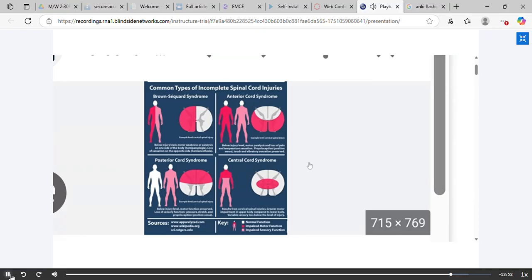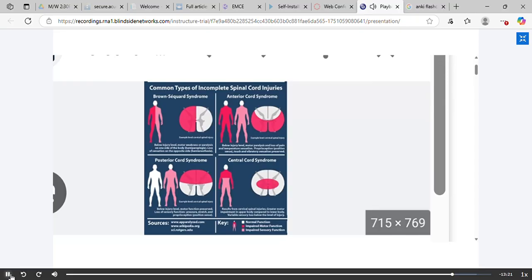So these are different incomplete injuries, where the cord is not severed all the way through. Just be aware of this, and understand just how important it is that we do that head-to-toe assessment. Can you feel me touching you? Any pain, any issues? Not only are we looking for signs of injuries like deformities and contusions, but we're asking, can you move your hands?